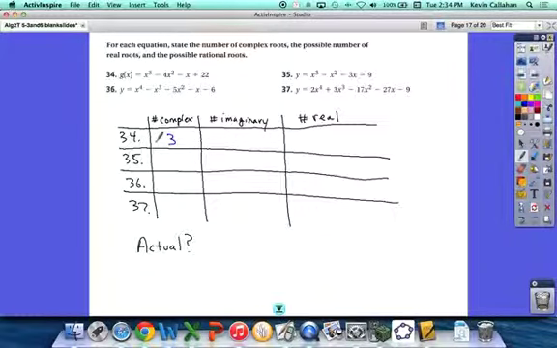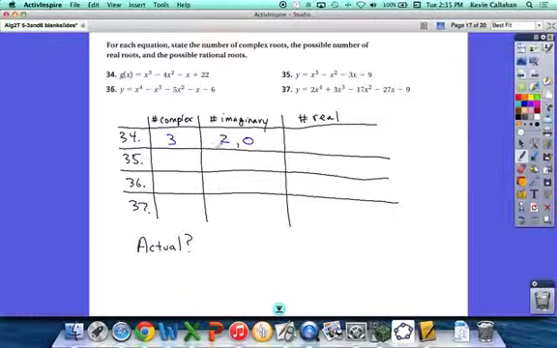Now, up here it's asking what's the possible number of imaginary zeros? 2. It's got to be an even number less than or equal to 3. So how many even numbers do you have less than or equal to 3? 2, and 1 is not an even number in this universe.